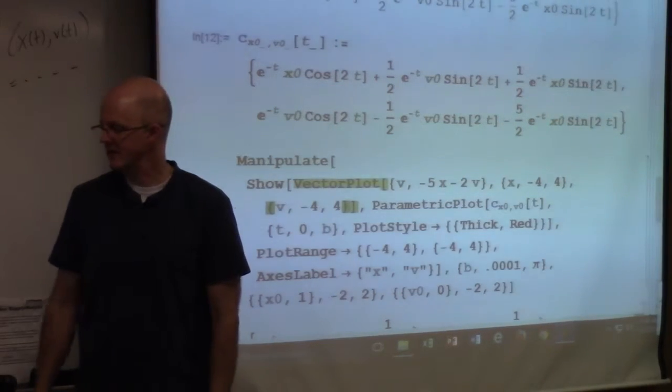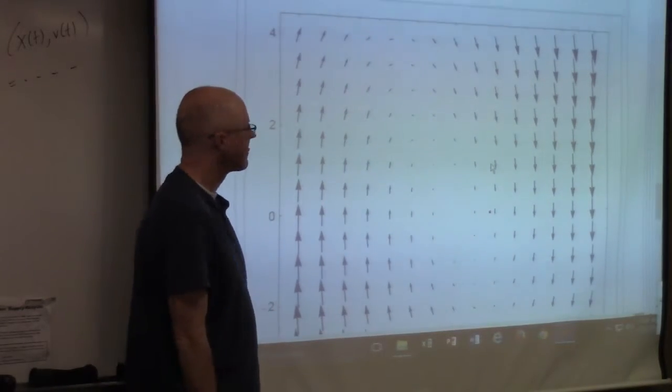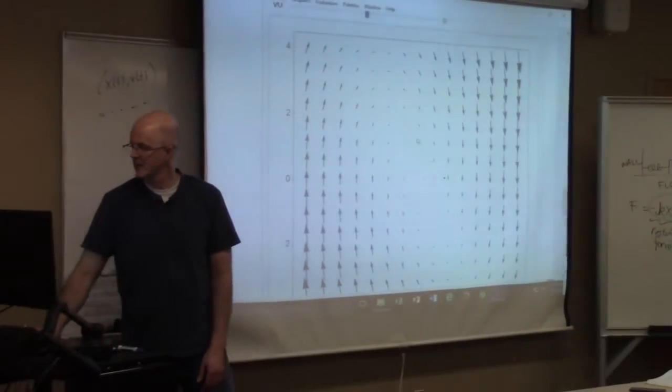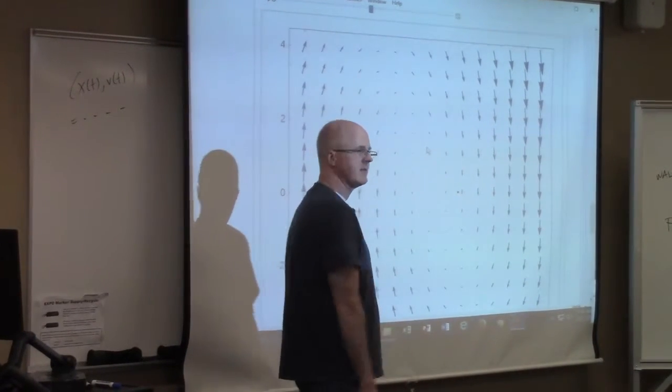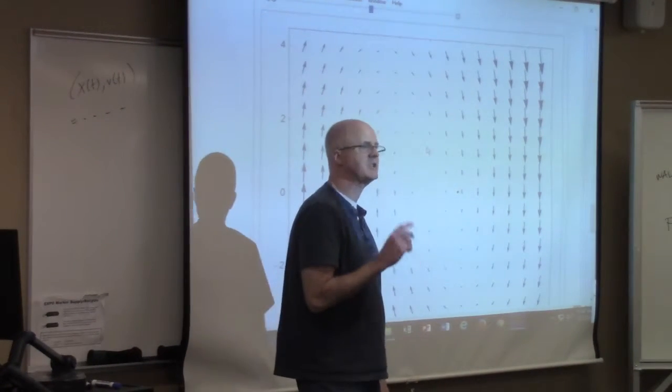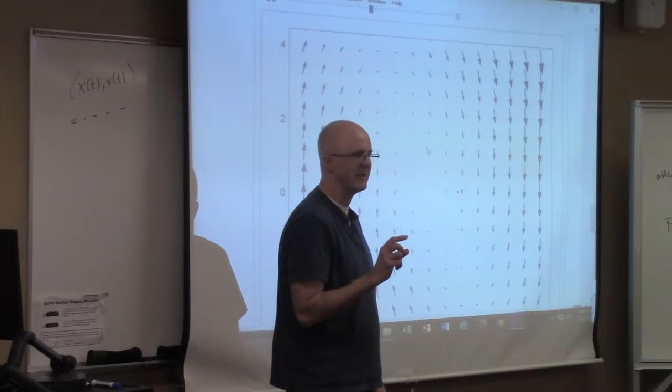Let's see what this looks like. It's not too bad. It is showing arrows that are representative of the vector field. These arrows are actually too short. I haven't said how to make vector fields yet, though, so you wouldn't know that.